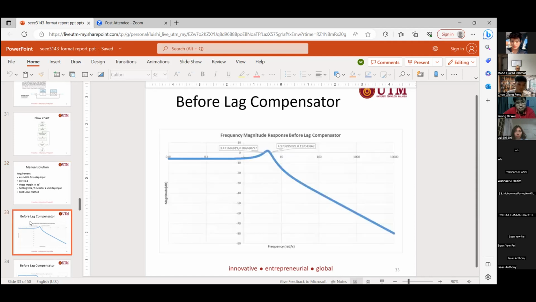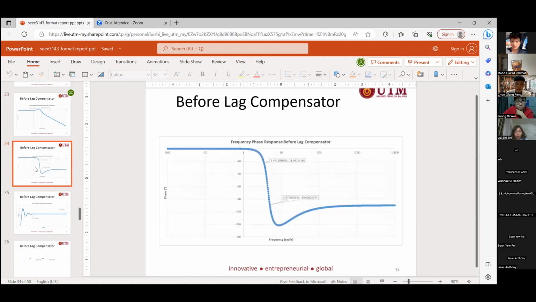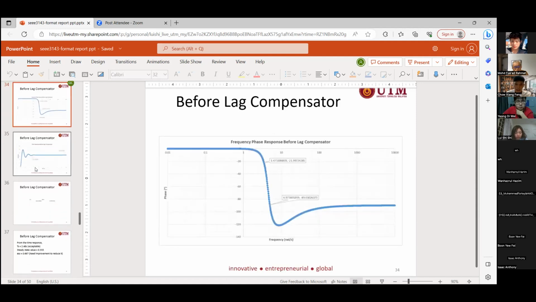We also use Matlab. Before we insert the lag compensator, this is the frequency magnitude. We export the data from Matlab to Excel and plot using Excel. This one is the frequency magnitude, and this one is the frequency phase response.